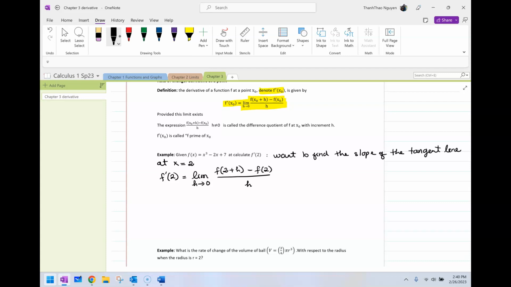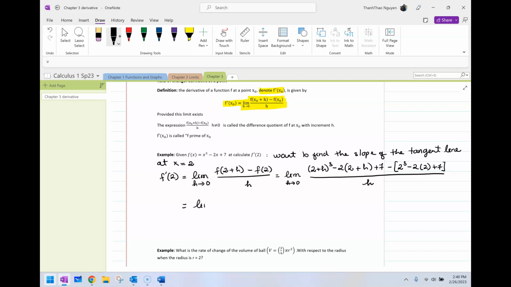divided by h, equal to the limit as h approaches 0 of 2 plus h cubed minus 2 times 2 plus h plus 7, minus 2 cubed minus 2 times 2 plus 7, divided by h.